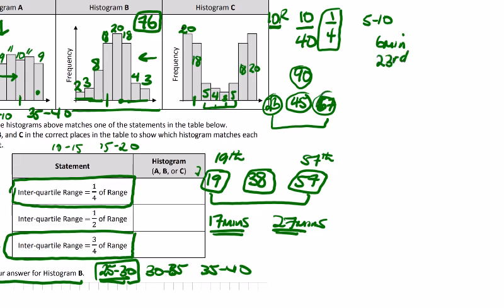And then the 67th, well, if there's 90 and there's 20 in here, that's 70 starting here. The 67th is in that second last one near the end of it, which will be 30 to 35. So let's say 34 minutes, maybe 33 minutes, maybe 32 minutes, just double check that one.